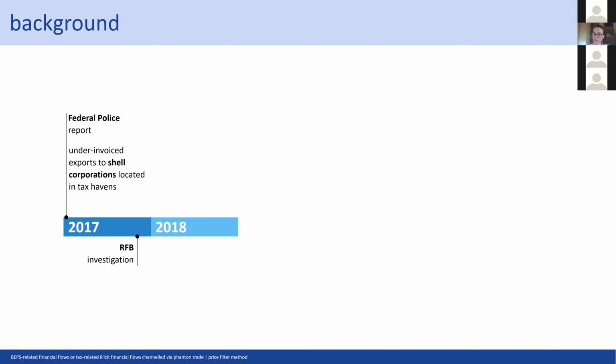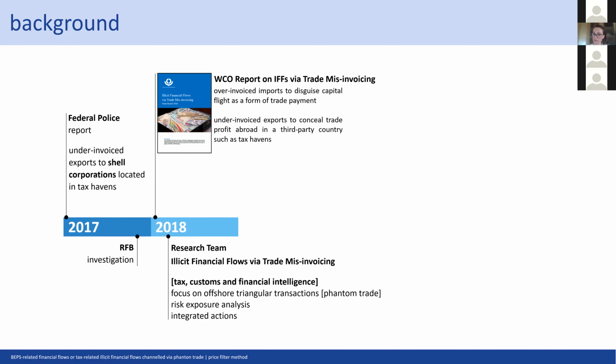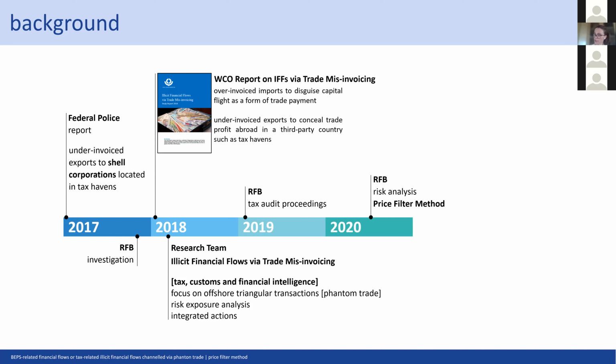In 2018, the Federal Revenue launched a research team on illicit financial flows via trade misinvoicing, with experts from customs, tax, and financial intelligence, aimed to develop risk exposure analysis and integrated actions as well. In 2020, the price filter method was used to estimate the potential underinvoiced amount or price anomalies in export transactions.